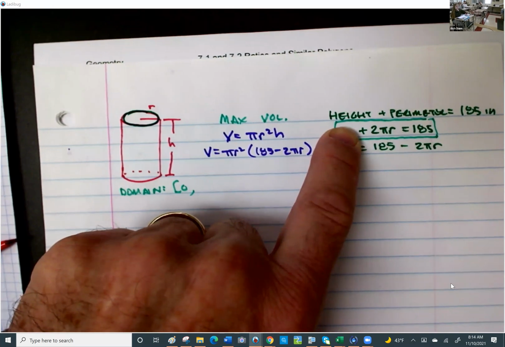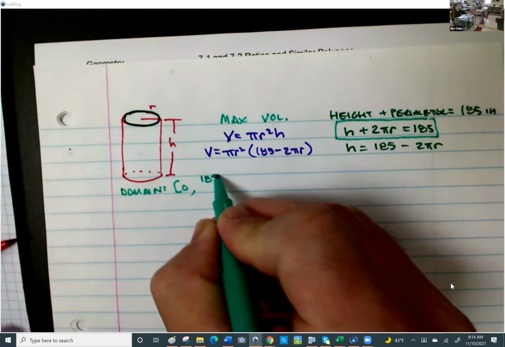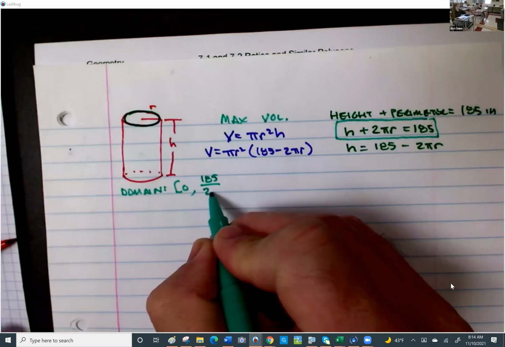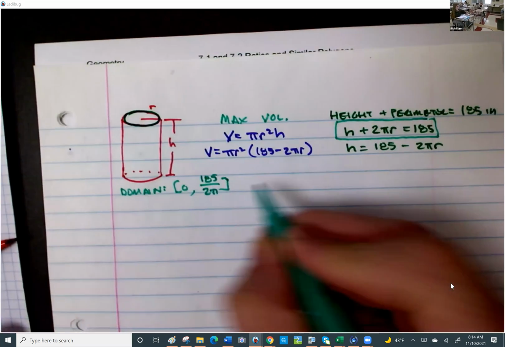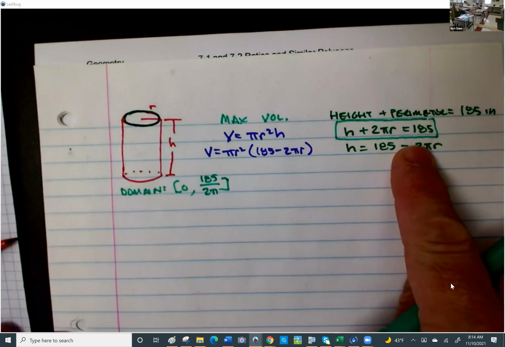Yeah, so it's a really weird number, but based upon this, if I have to keep this true, I can't go to infinity. It has to stop there.